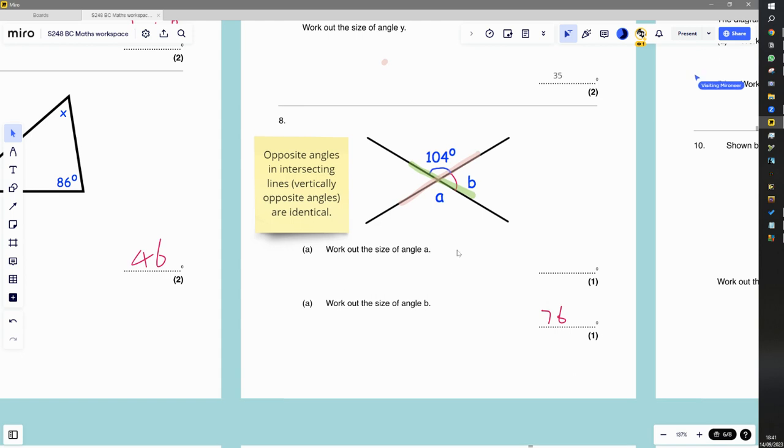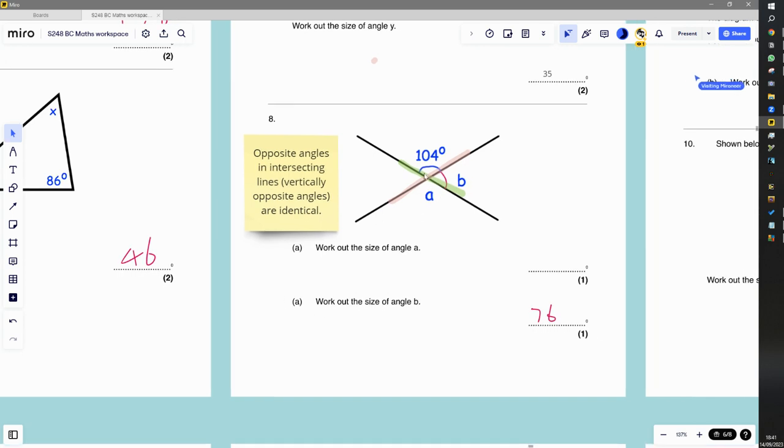Now this one, we can apply two different bits of knowledge here. Because they've asked us for angle A first, we can apply this bit of knowledge, that we can call vertically opposite angles, but really that means that if you get two intersecting lines, then the opposite angles in these intersecting lines are equal to each other. But you can also use the knowledge that angles in a straight line add up to 180 degrees.